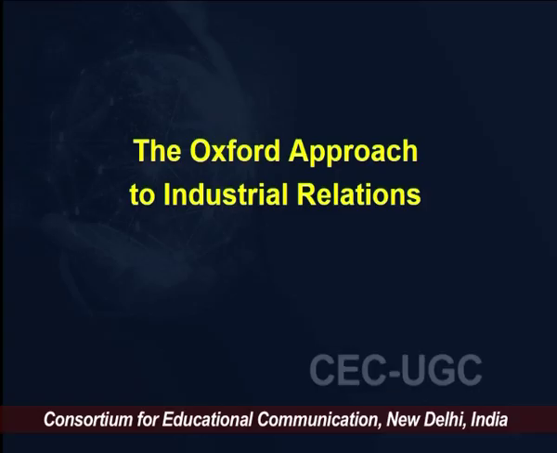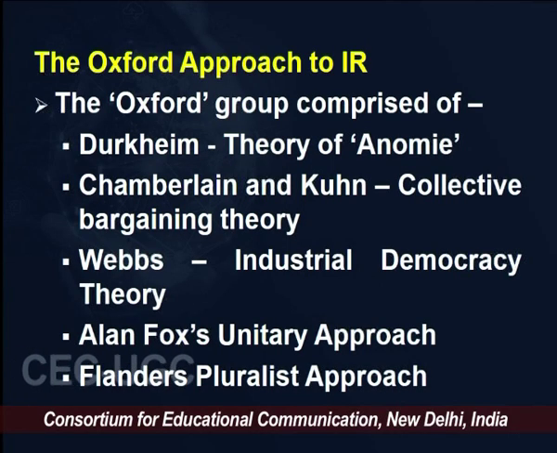Coming to the next approach, that is the Oxford approach to industrial relations. The Oxford approach to IR comprises many theories which were given at different times, and they are combined together to be called the Oxford approach.